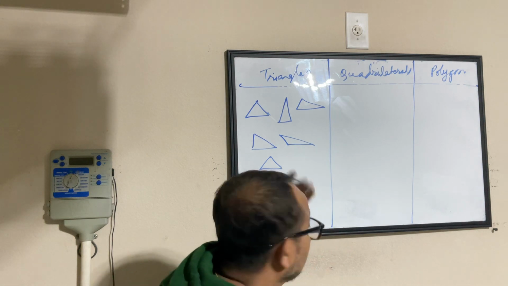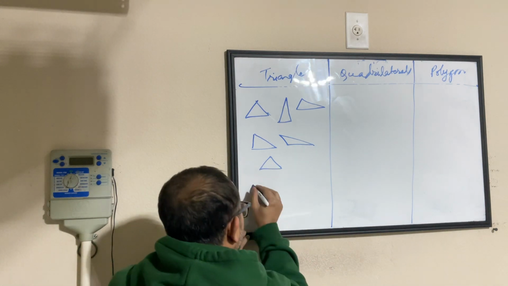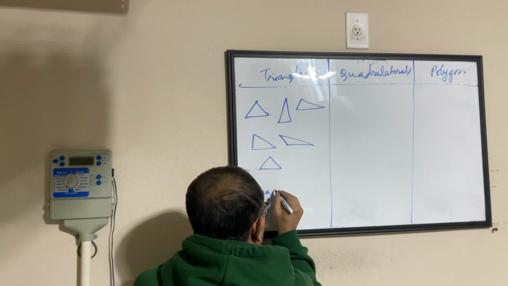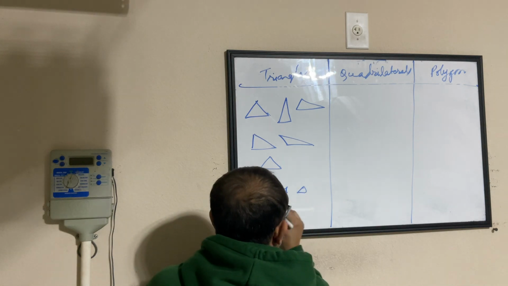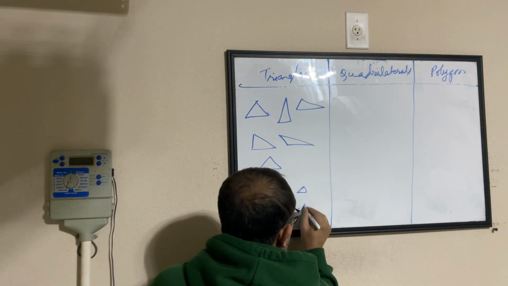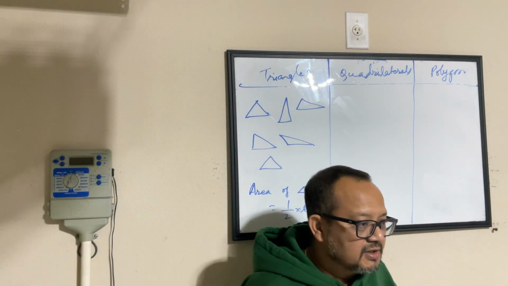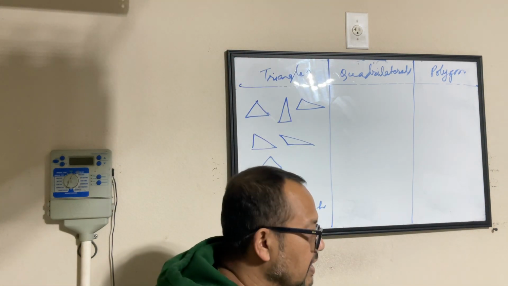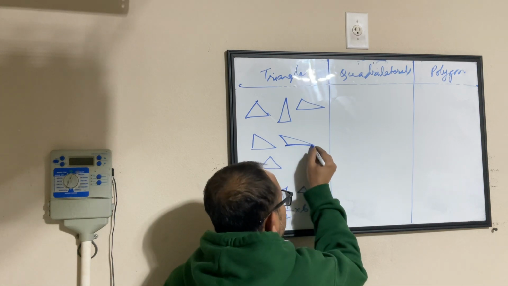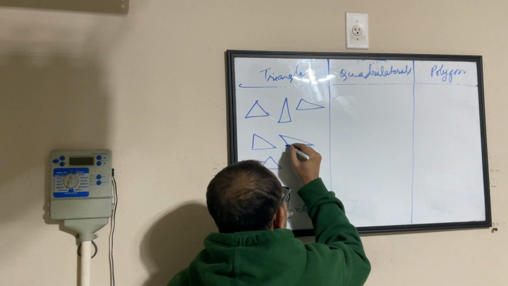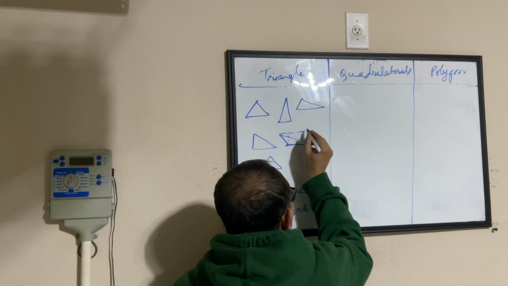Now, area of any triangle is nothing but half into base into height. Problem solved. Any triangle you pick up, as long as you know the base and the height. When I say height, meaning height from the top.